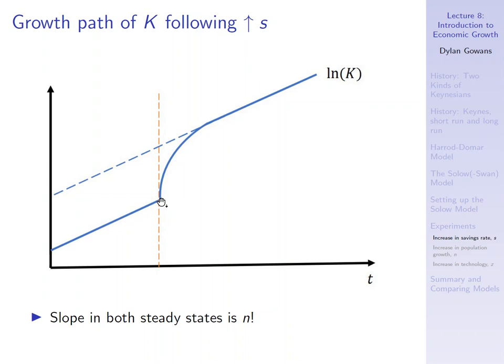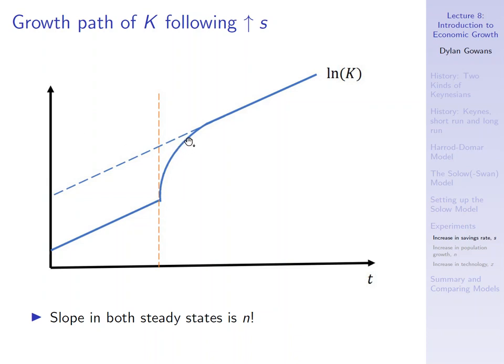Suddenly, s increases, the savings rate increases, and now K is going to be growing faster than n. Again, that's because suddenly capital per worker is growing. And if capital per worker is growing, that means capital must be growing faster than population, faster than the number of workers.